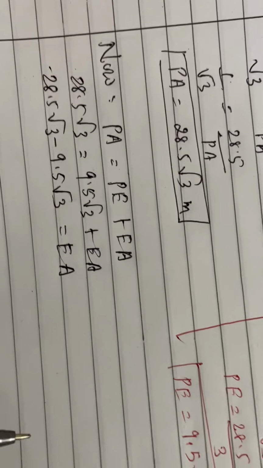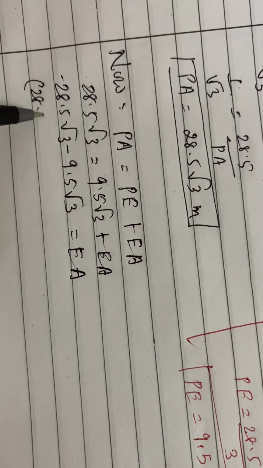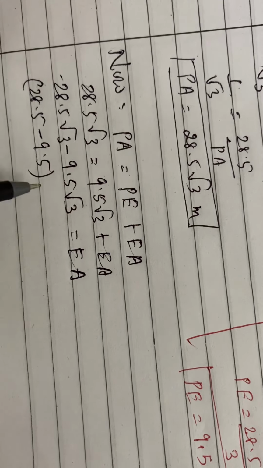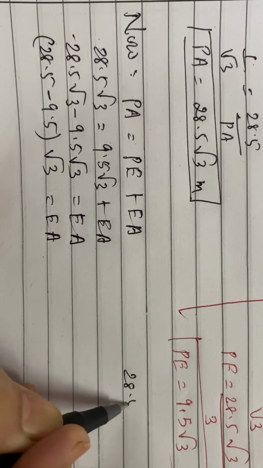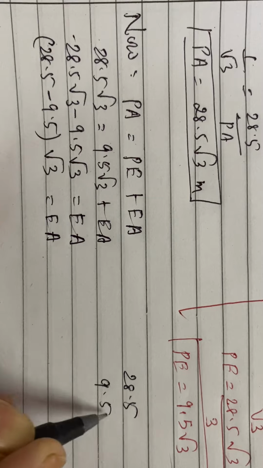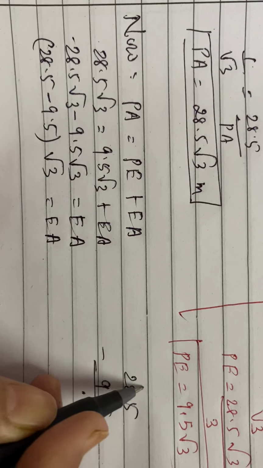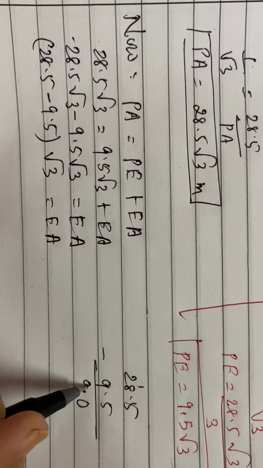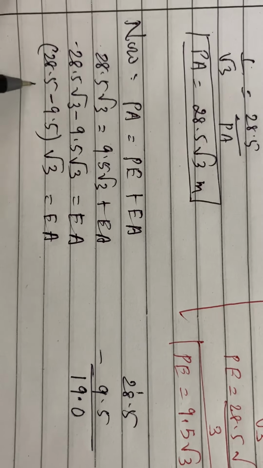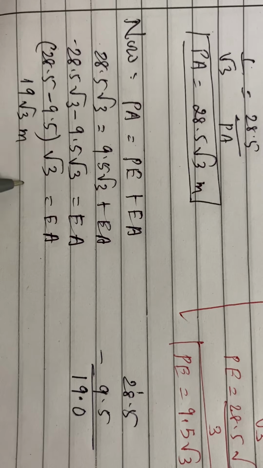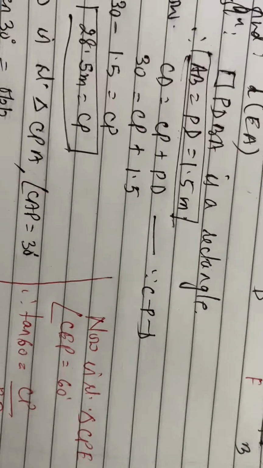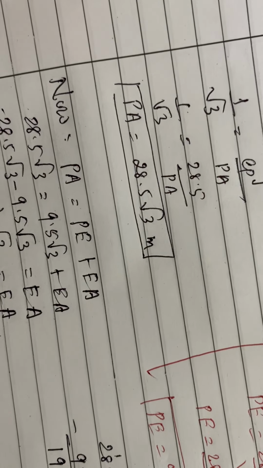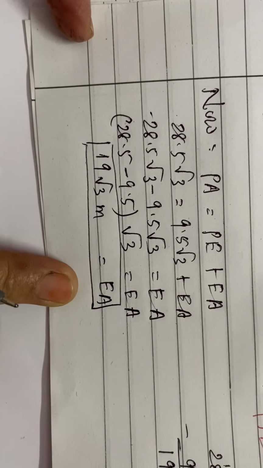Let us take root 3 common first. So 28.5 minus 9.5, into root 3, is your EA. That gives you 19 root 3 meter, the distance you moved from point A to point E. Now if you want, you can substitute the value of root 3 and get the answer.